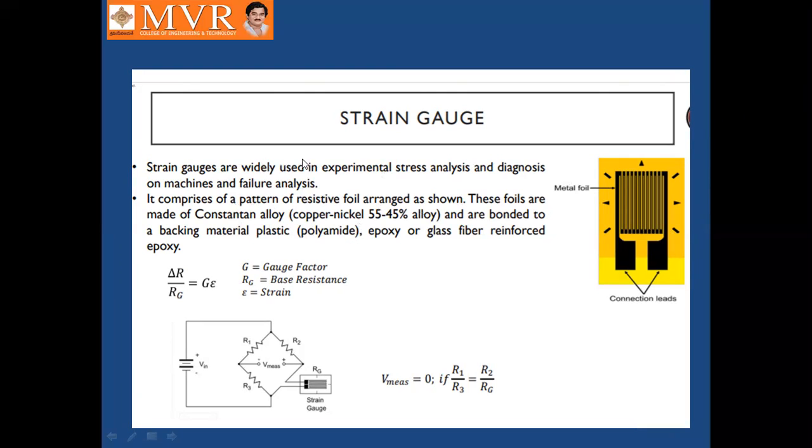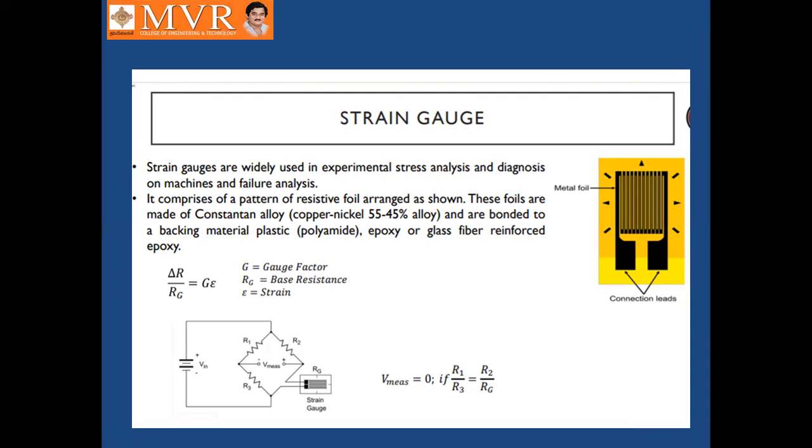Diagnosis on the machine is nothing but the kind of vibrations: how do we calculate the vibrations on the machines? In failure analysis, in case of fatigue machines, we need to calculate the SN curve for the fatigue analysis. In this situation also we use strain gauges.